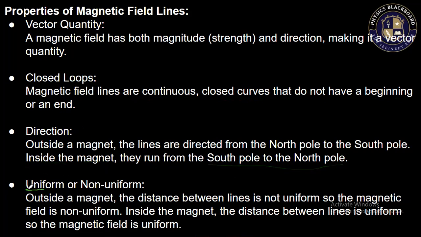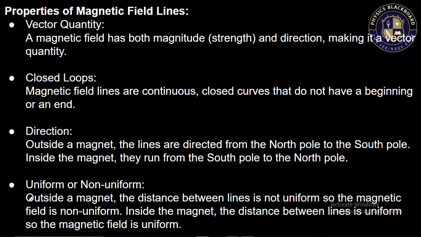And as I told, uniform and non-uniform magnetic fields. So you can find a non-uniform field outside the magnet. Why? Because the distance between the lines is not uniform. Inside the magnet, the distance between the lines is uniform, so inside the magnet, you can observe a uniform magnetic field.